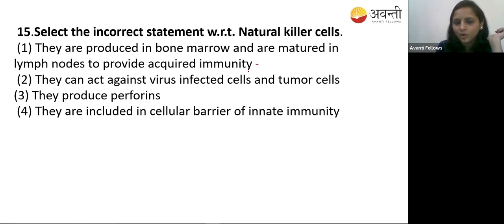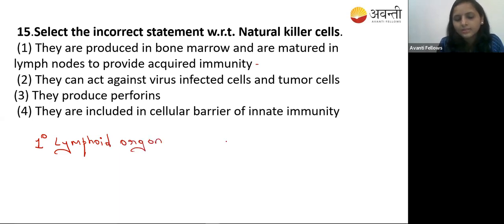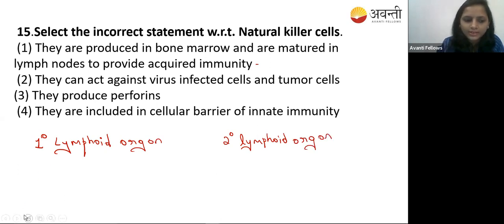So let us talk about this statement first. We have two types of lymphoid organs, right? The first one is the primary lymphoid organ, and the second one is the secondary lymphoid organ. In the primary lymphoid organ, which things will come? The bone marrow and the thymus will come.